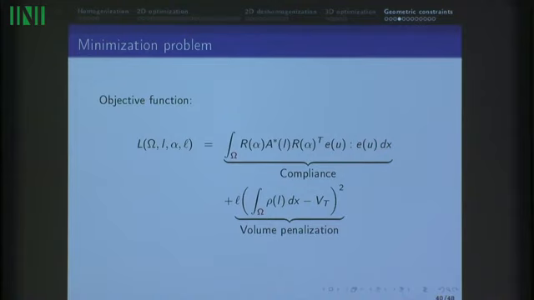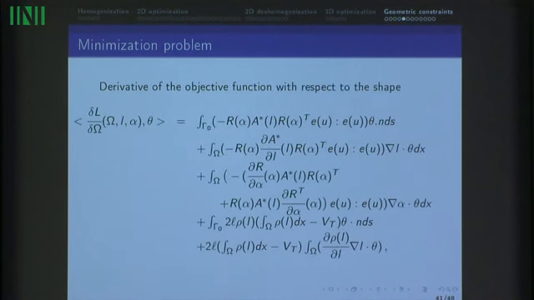My objective function is still the compliance, but it's now on the shape omega and no longer on the whole domain D. And I also have a volume penalization because I don't want to have a volume constraint at all iterations. So here is the derivative of my objective function with respect to omega.